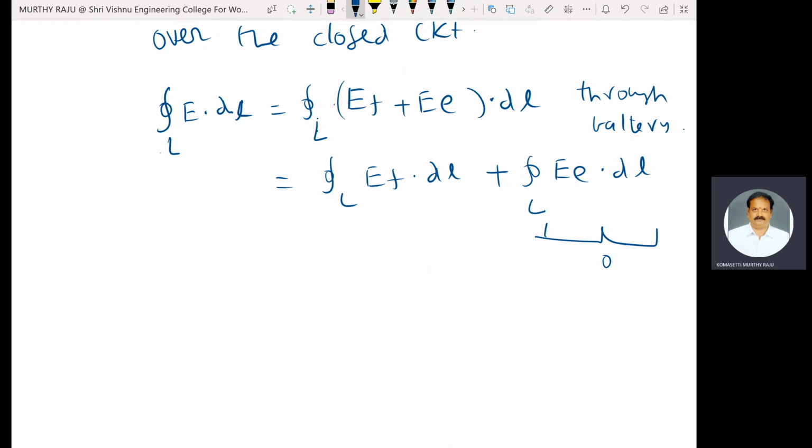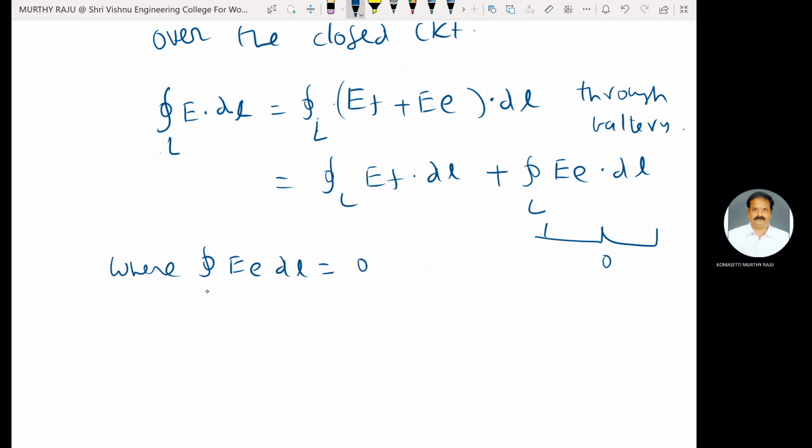The outside E and the inside E are in opposite directions to each other, therefore they cancel. Because E is conservative, the integral of E dot dl is 0.